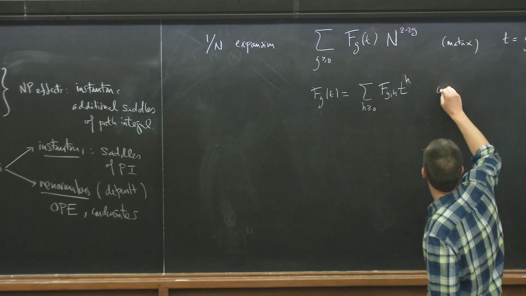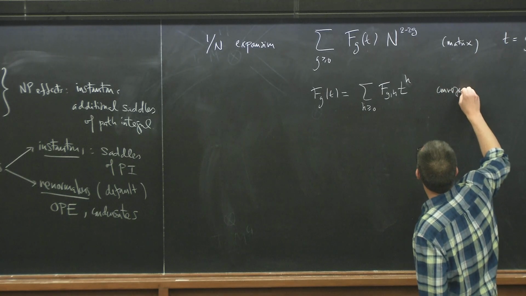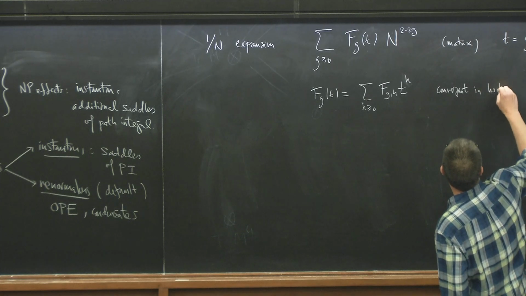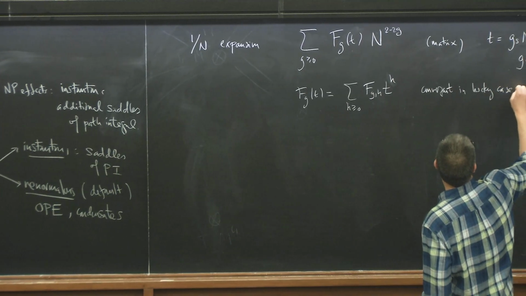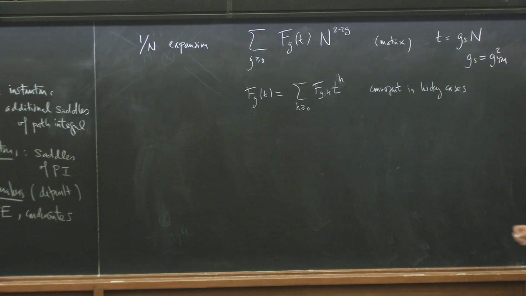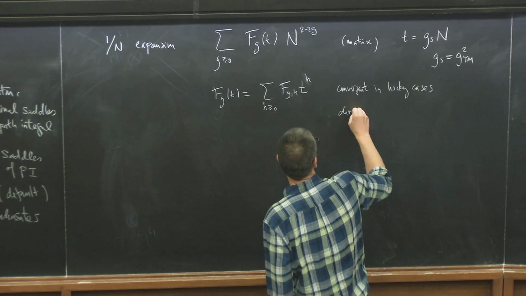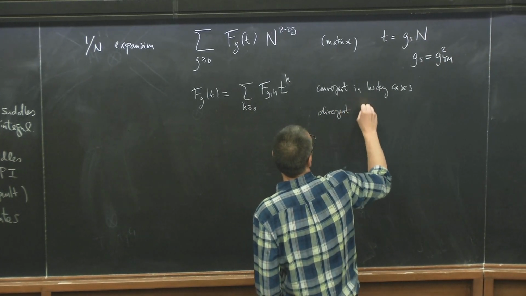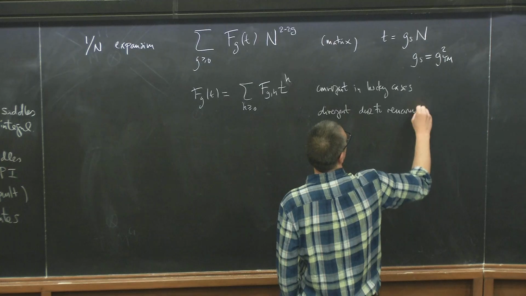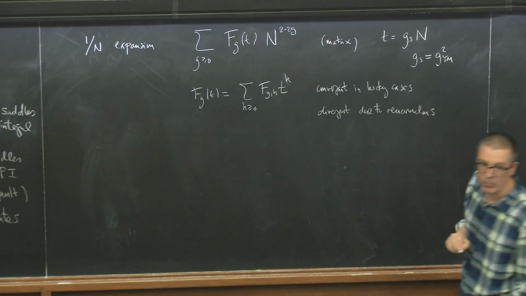Now, this series is convergent, has a finite radius of convergence in lucky cases, okay? So lucky cases are the cases that we like: N=4, Chern-Simons, ABJM. But in general, this series is divergent due to renormalons. Okay?